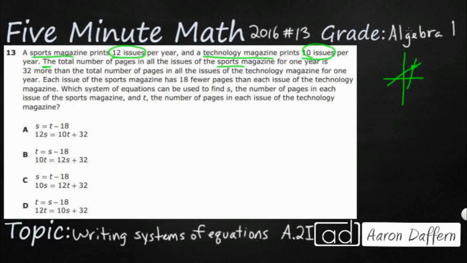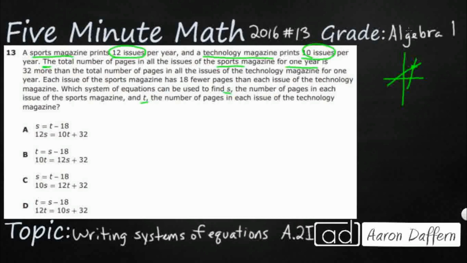Since we're talking about the total number of pages in all the issues for 1 year, we need to bring in that 12. So we're not just talking about one issue, we're talking about the year's issues of the sports magazine. It looks like they're using S and T, which is helpful. S for sports, T for technology.